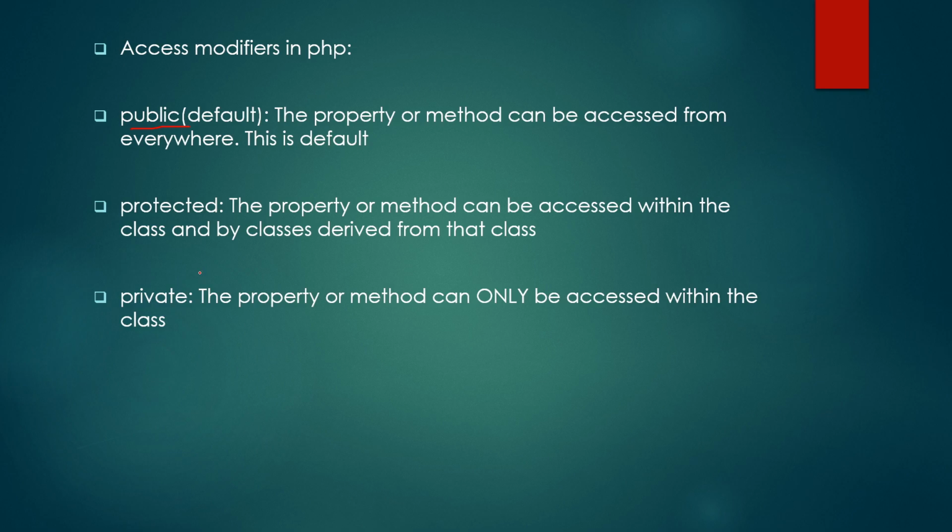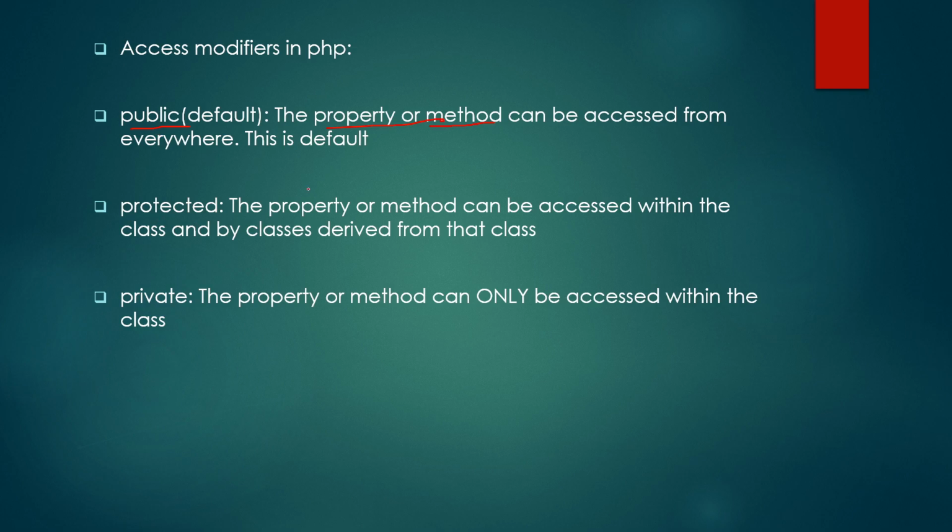So if I don't specify any access specifier, the default will be public. A property is called a variable and a method is called a function. They can be accessed from everywhere, meaning we can access the properties and methods of that class anywhere in my program if they are public.